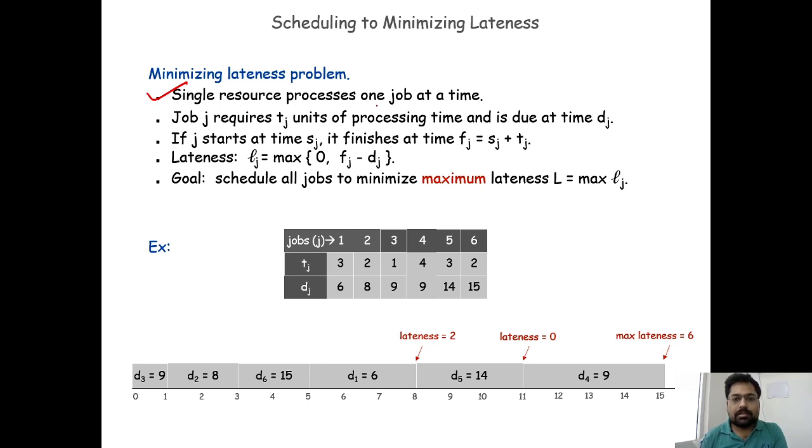A single resource processes one job at a time. We are going to discuss certain jobs; as per the example, there are up to 6 jobs.